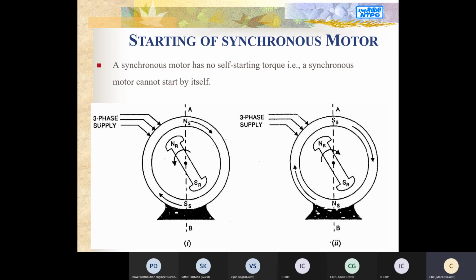Similarly, with the help of damper winding, we reduce the oscillation. So there are different ways, but the variable frequency method is the easiest way in which we can start the synchronous motor and have complete control over the speed.